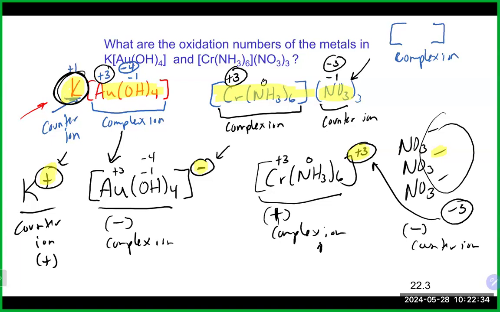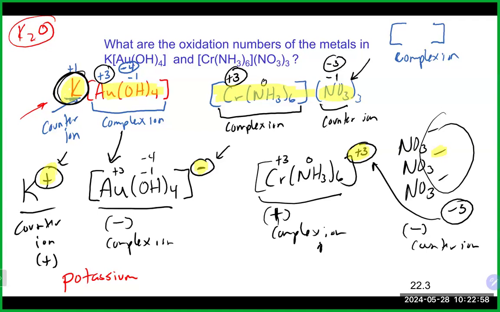If it's a negative ion, you would use -ide like normal. So this would be potassium. It doesn't really matter how many of those counter ions you have. For example, if we had K2O, we would call that potassium oxide. It's the same idea.